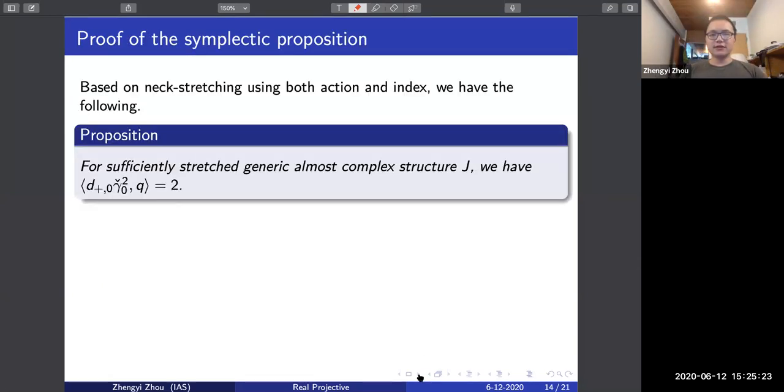Okay, so first let's compute what D+0 of gamma 0 square check paired with Q is. The claim is it's actually 2. The argument is basically using neck stretching. So what we are interested in is some moduli space like this.